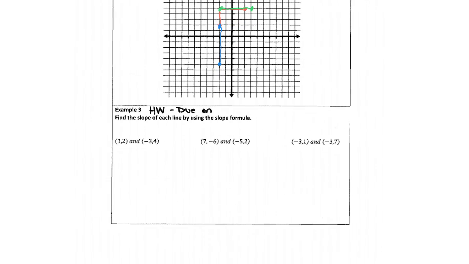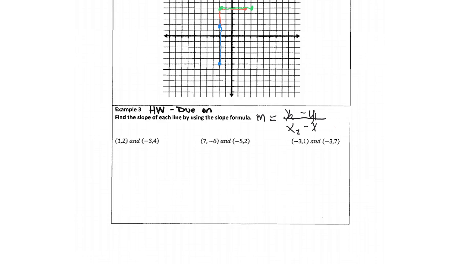All right, let's look at one more. I know this says it's your homework, but I want to do one example. So you're going to use the formula given on the front, which is that your slope, or your m, is equal to y2 minus y1 over x2 minus x1. The first thing I'm going to do is label which one's my y1, which one's my x1, and so on.